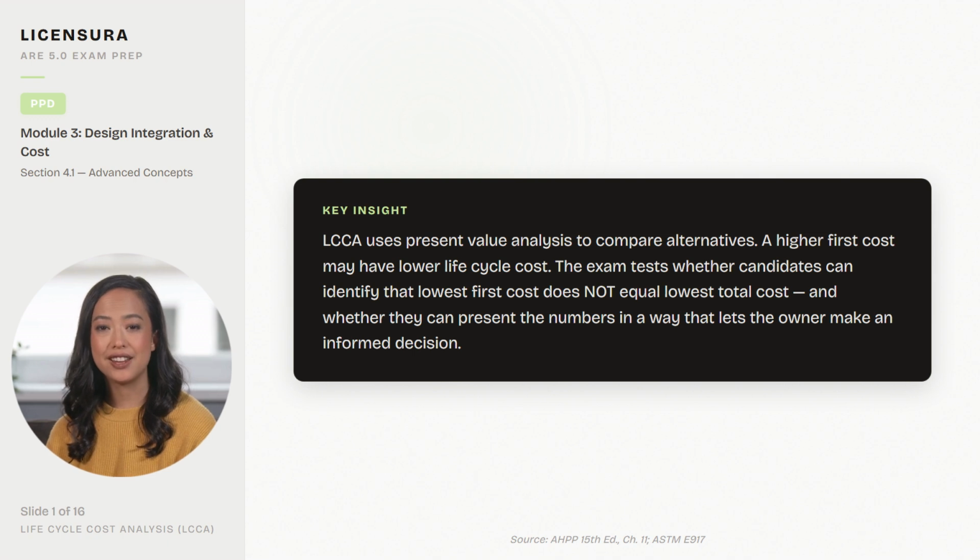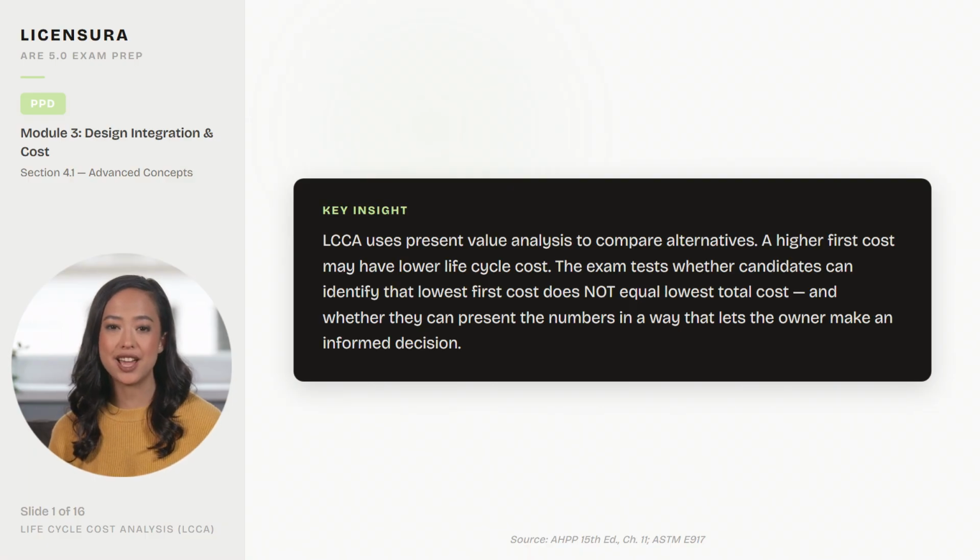Here's the key insight. LCCA uses present value analysis to compare alternatives. A higher first cost may have lower life cycle cost. The exam tests whether candidates can identify that lowest first cost does not equal lowest total cost, and whether they can present the numbers in a way that lets the owner make an informed decision.